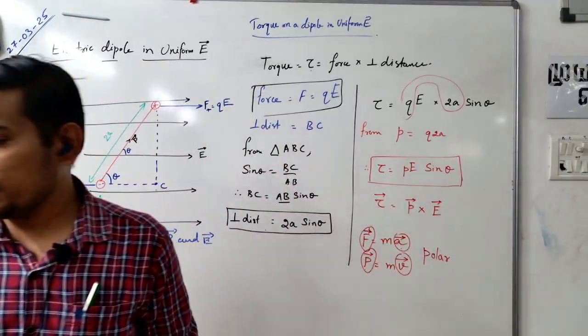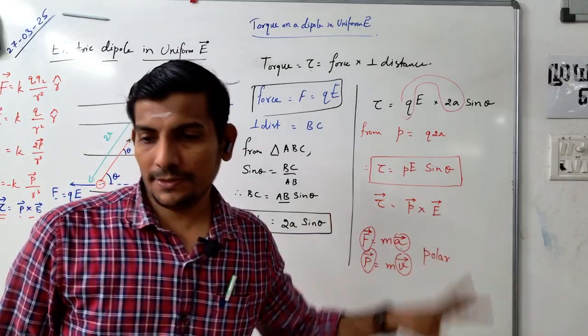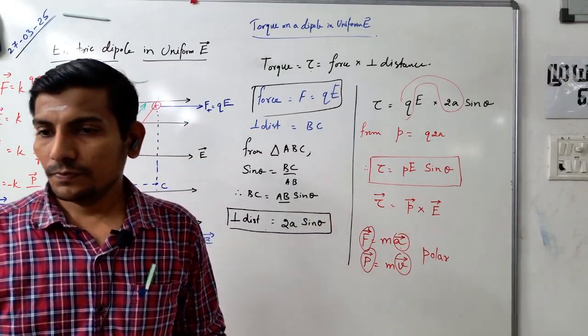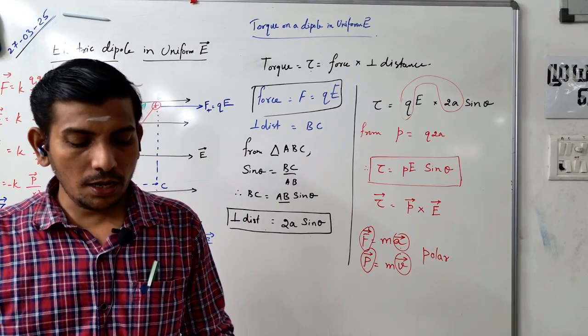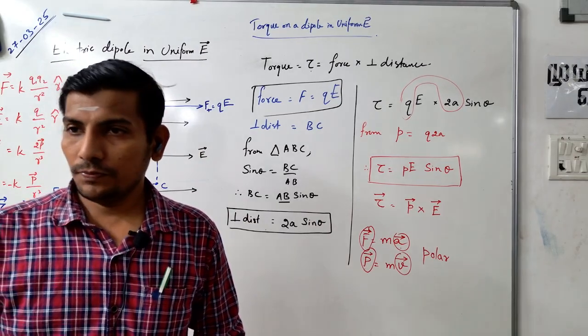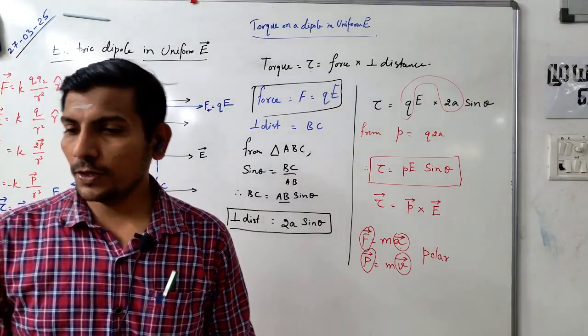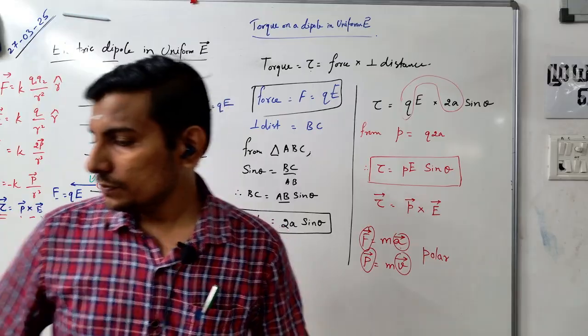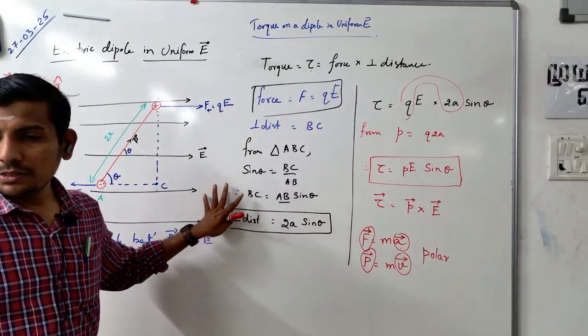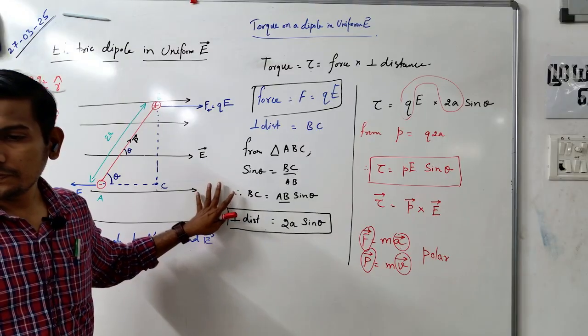Why is this very important for me now? Now let's see what happens. A torque is going to act on a dipole, and this torque is going to rotate the dipole. Okay, have you finished deriving? That is a very important 2 mark derivation.